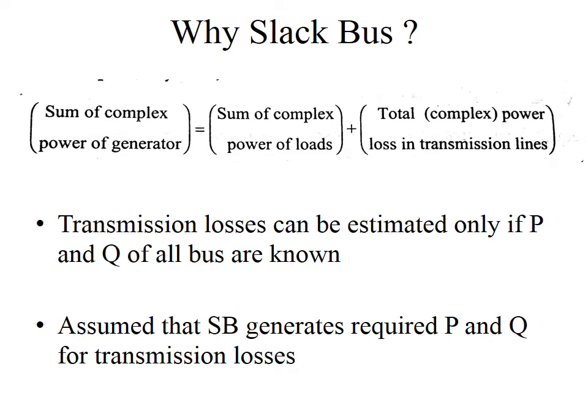It is assumed that the slack bus generates the real and reactive power required for transmission line losses. Hence, for a slack bus, the magnitude and phase of bus voltage are specified, and the real and reactive power are obtained through the load flow solutions.